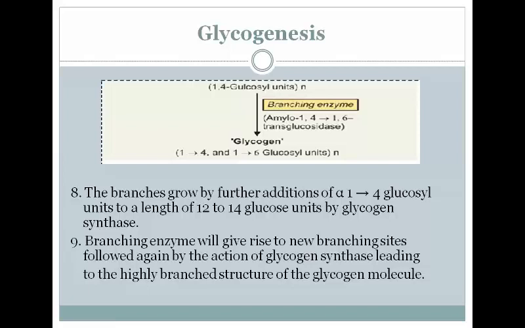After the formation of one branch, further addition of 1,4 glucosyl units occurs to a length of 12 to 14 glucose units, and that again requires the enzyme glycogen synthase. And branch formation occurs again, followed by the action of glycogen synthase for the elongation of the branches, and this process leads to the formation of a highly branched glycogen molecule.